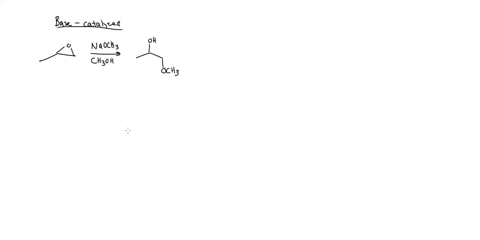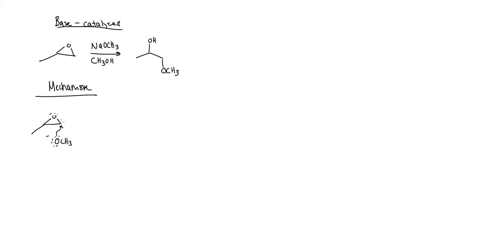Okay, so now, mechanism-wise, how does this happen? Well, let's take a look at it. Remember in the last mechanism, we protonated the epoxide first. That does not happen this time, okay? This strong base, since it is a strong base, OCH3 minus, and it's a strong nucleophile, it's just going to go right in and attack. It doesn't even require any protonation.